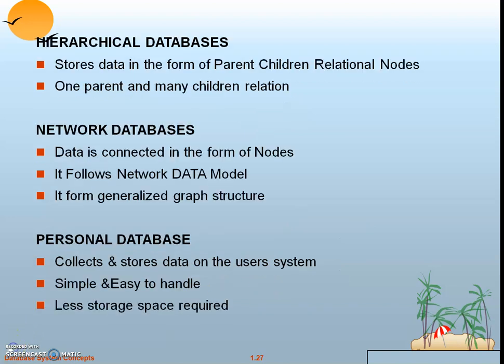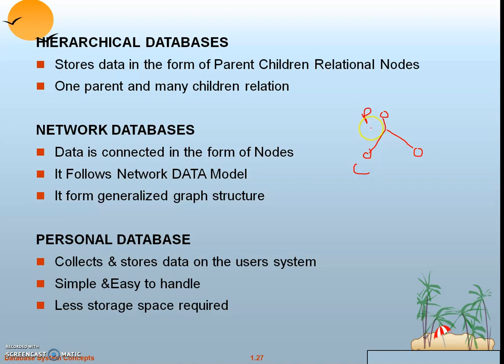Next one is the hierarchical database. Here the data is stored in the form of nodes. These nodes are connected as parent and child. In turn, I can say that a hierarchical database deals with parent-child relations. Whereas the network database is quite similar to the hierarchical database, but it does not deal with any parent-child relation.